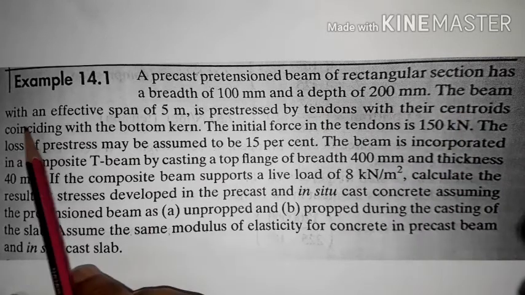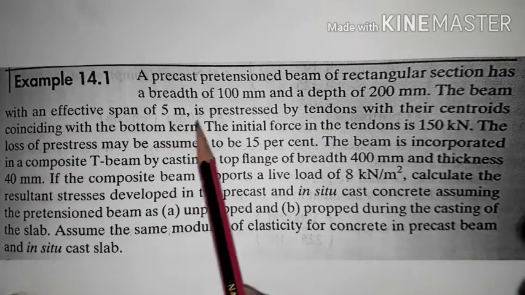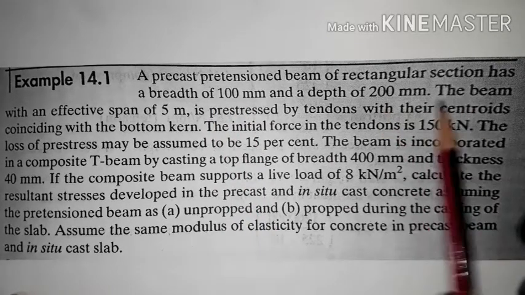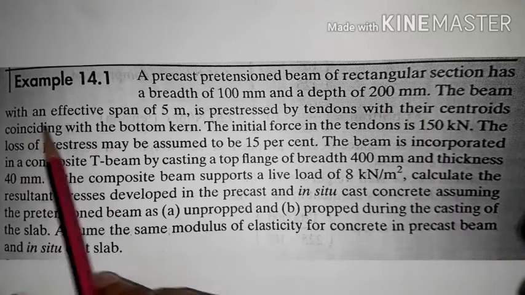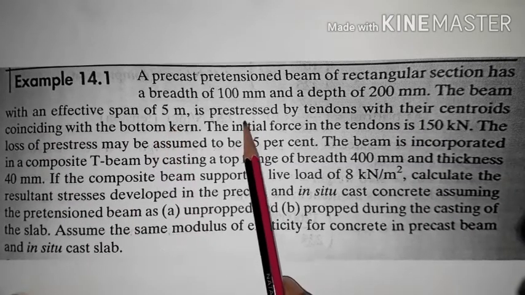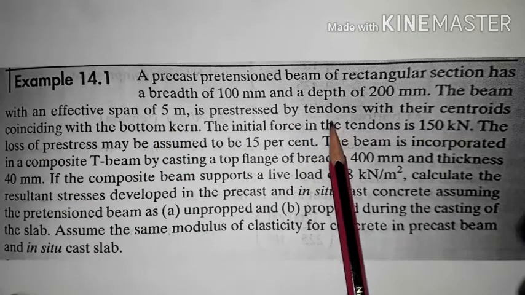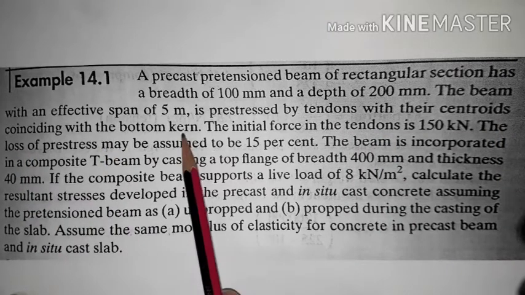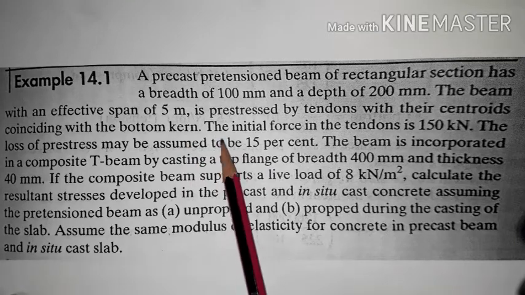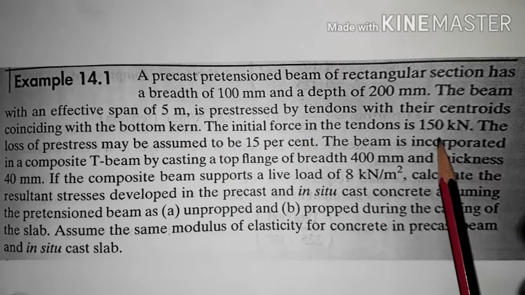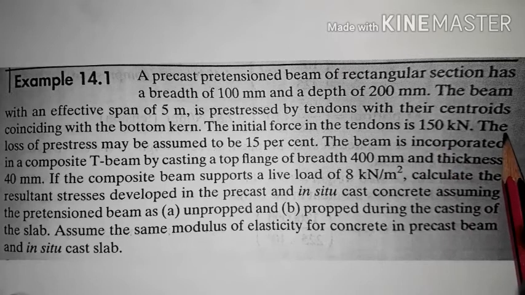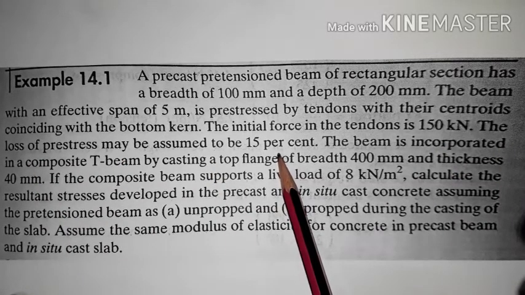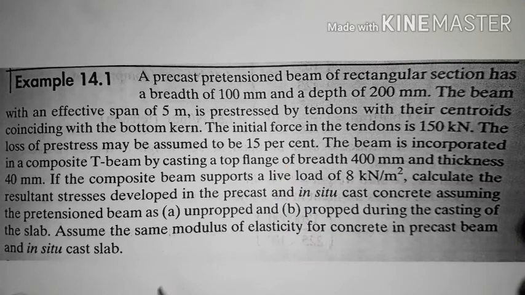The beam, with an effective span of 5 meter, is prestressed by tendons with their centroids coinciding with the bottom kern. The initial force in the tendon is 150 kilonewton. The loss of prestress may be assumed to be 15%.